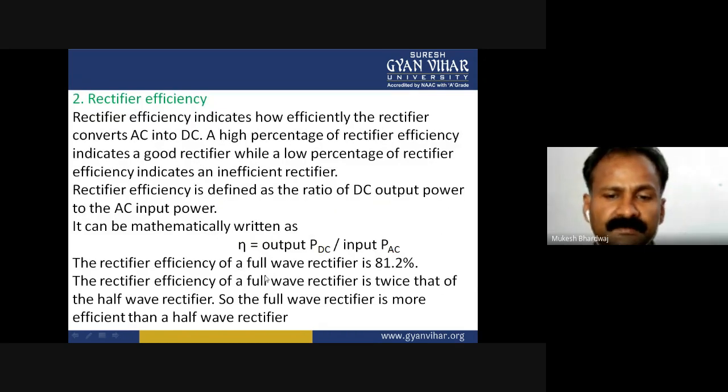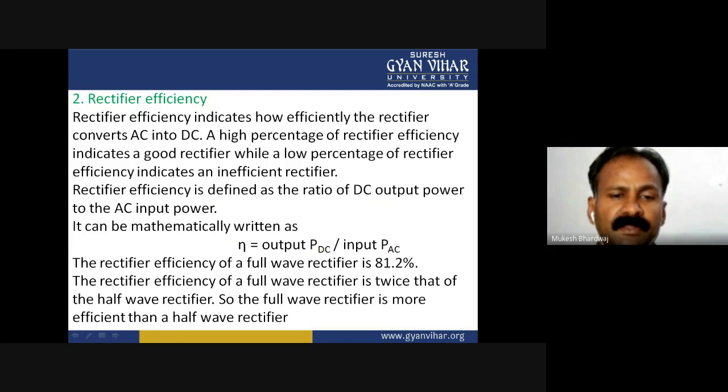Rectifier efficiency. Rectifier efficiency indicates how efficiently the rectifier converts AC into DC. A high percentage of rectifier efficiency indicates a good rectifier, while a low percentage indicates an inefficient rectifier. Rectifier efficiency is defined as the ratio of DC output power to the AC input power.